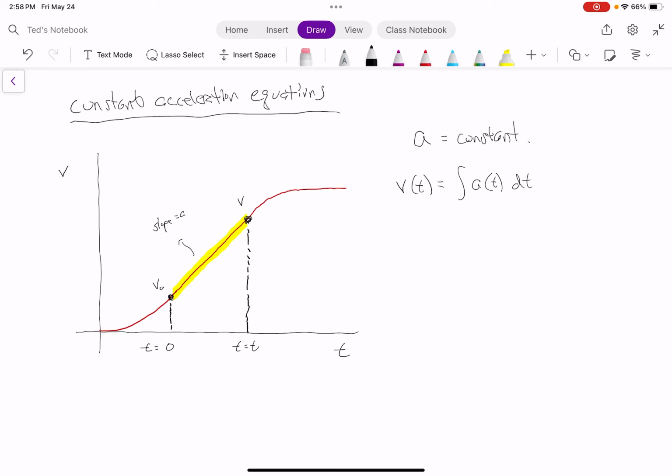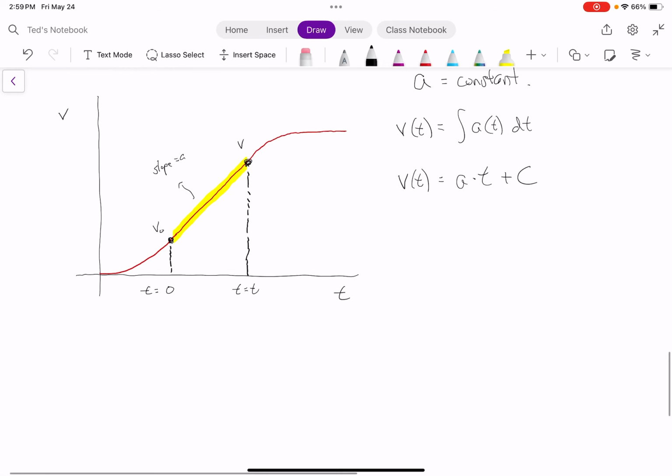But since the acceleration is constant, we are just integrating a constant. And when you integrate a constant, what you get is that this is equal to acceleration times time plus some undetermined constant.